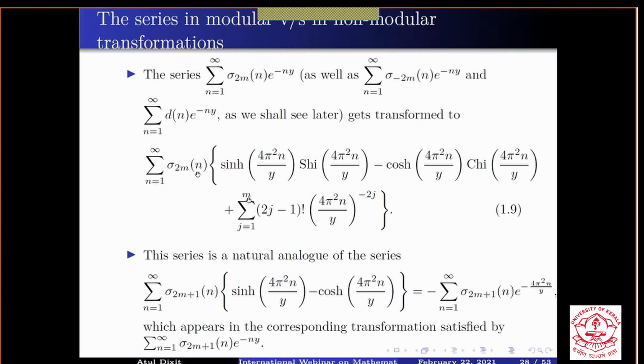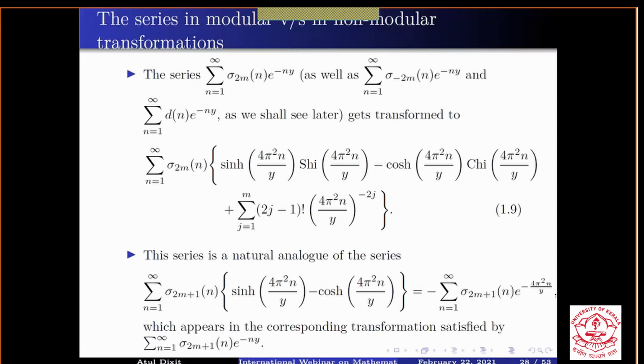Of course, if I take, let's say, m less than or equal to 0, then this expression is empty. But you see sine hyperbolic here and cosine hyperbolic here. You have these additional functions when a is an even integer, but not when a is an odd integer. When a is an odd integer, this just very nicely simplifies to the exponential function again.